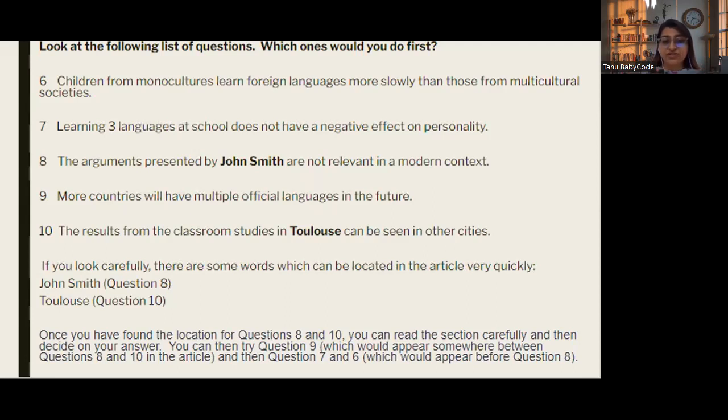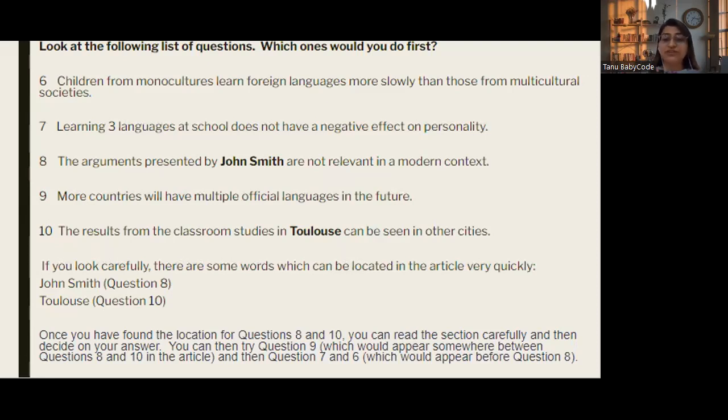You can see in question number 8, John Smith. You can easily find the name of this person, and Toulouse as well in question number 10. Once you have found the location of 8 and 10, you can read the section very carefully and then decide on your answer.